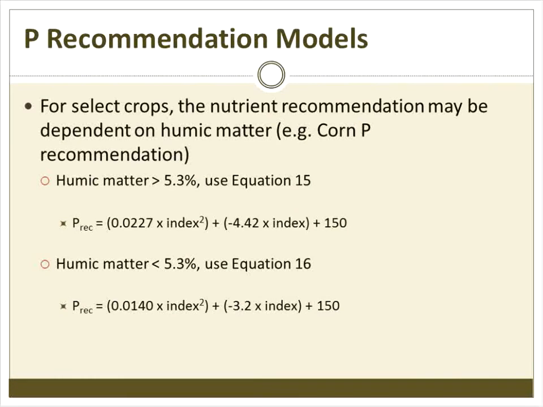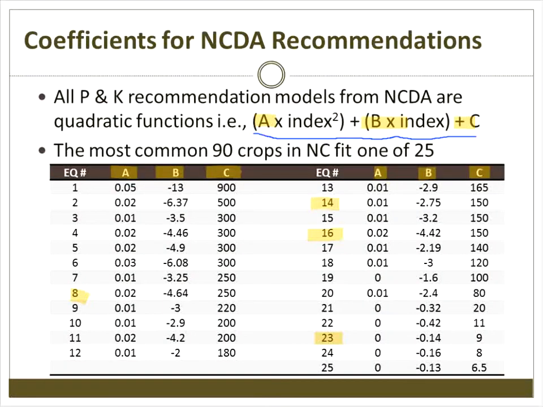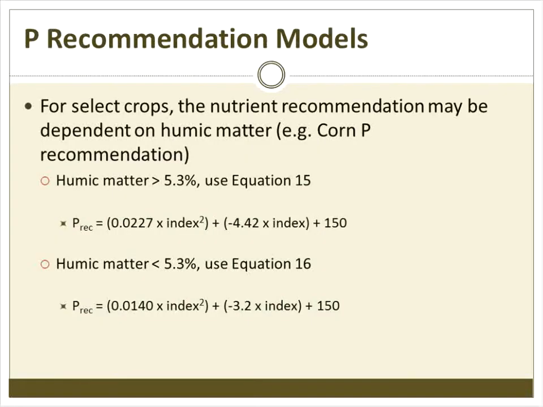Now, phosphorus is an interesting one because, remember, phosphorus is bound up with aluminum and iron. So what happens when you get into an organic soil where you don't have a lot of aluminum and a lot of iron? You completely change how that phosphorus behaves in the soil. And so for phosphorus recommendations, in some crops we have different models, different equations, depending on whether we're in an organic soil or an inorganic soil.